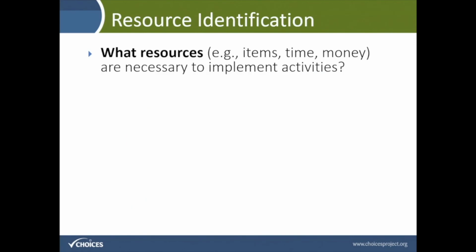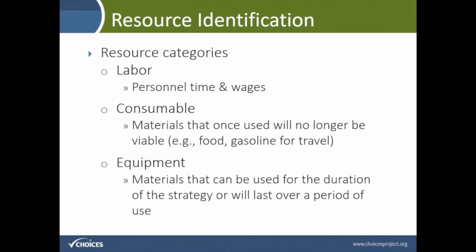When we think about resources, we're talking about anything of value, whether it's an item or labor time, that is a necessary input to implementing the intervention's activities. So in choices, we break up our resources into three major categories: labor, consumable items, and equipment.